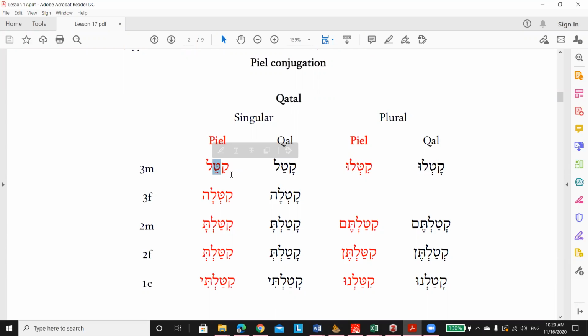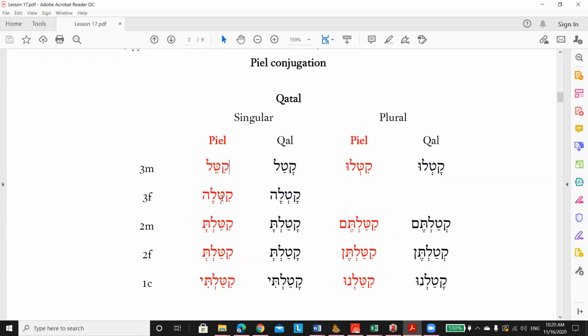It will not have dagesh forte only in case it is a guttural. But in all other cases, it has dagesh forte, and it is a distinctive characteristic of this stem. So qittel. After that, in qatal conjugation, we need to add just the qatal suffixes, and everything is the same as in Qal.